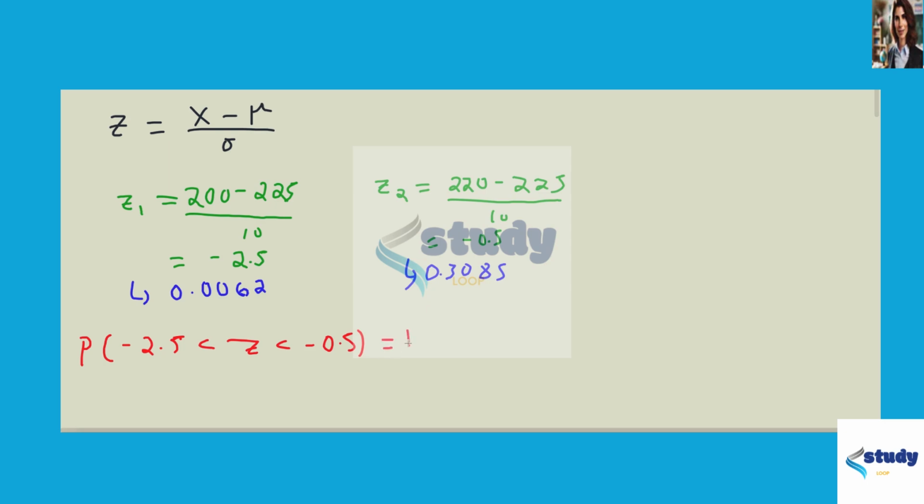And that is equal to saying P of z is less than negative 0.5 minus P of z less than negative 2.5.